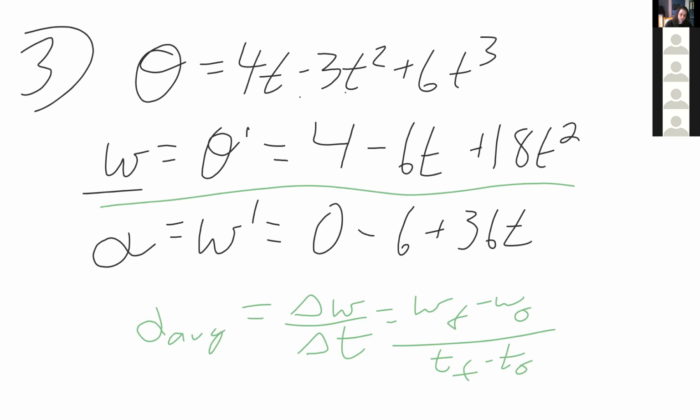Okay, problem number 4. So that was just a calculus problem. Problem number 4 is where we'll actually do a little bit of kinematics. We have a drum. The drum is going to rotate around its central axis. We're given an angular velocity, and then we're told that it's going to slow at a given rate.